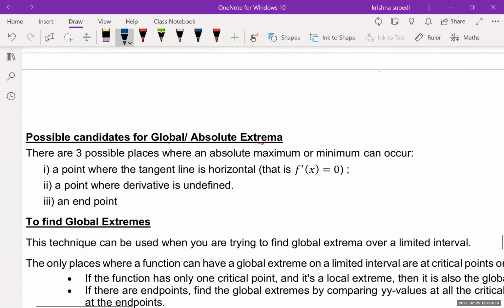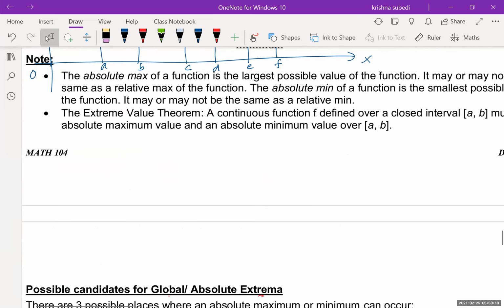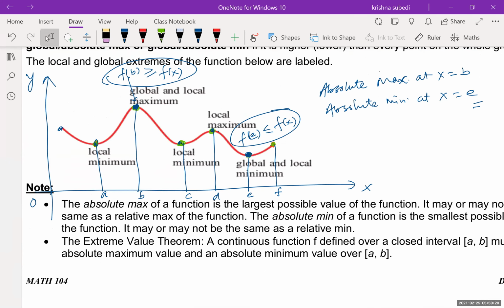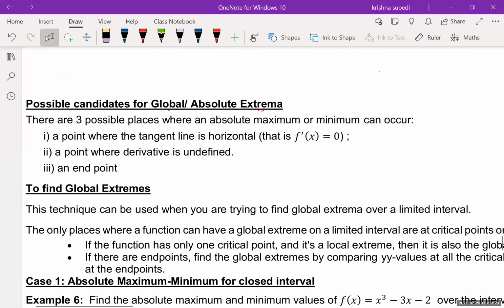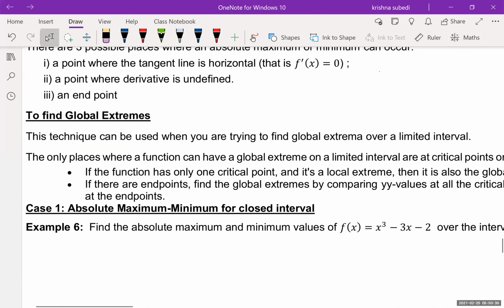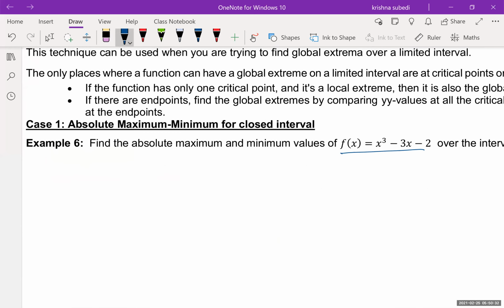Now the question is, if you are given the graph, I think you can tell just by looking at the graph which one is the global maximum or which one is the global minimum. But life is not always that easy, right? Sometimes they give us a function or equation. One way to do this is to draw the graph, but drawing a graph is not fun in most cases.